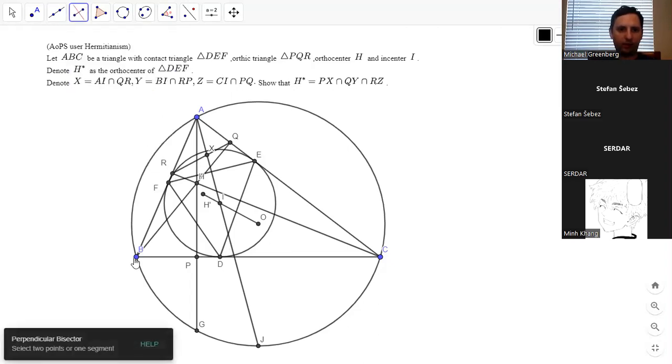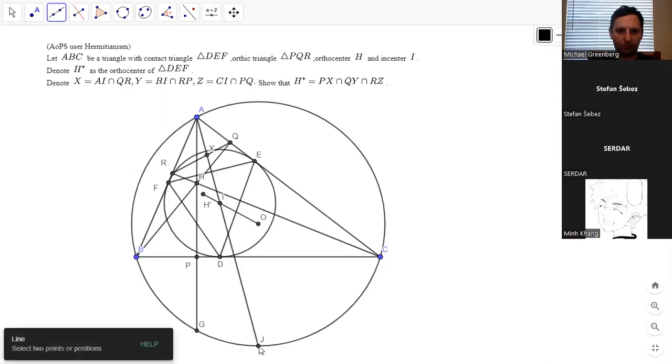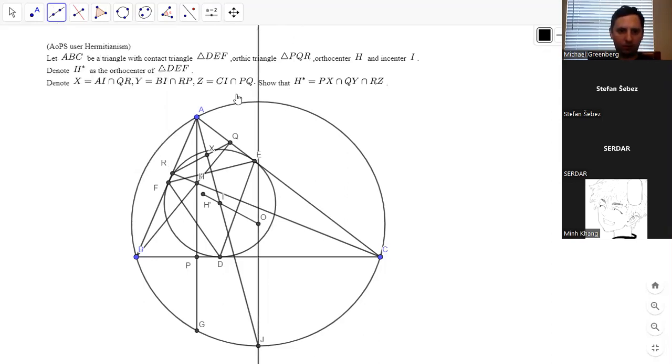Okay, so basically, let's draw the mixed linear touch points. That's the mixed linear touch point. And you're saying AH prime passes. Are you sure about that?